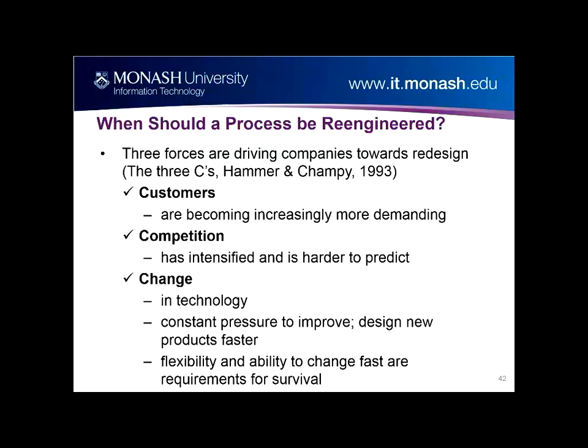Change of technology, change of design, change of flexibility, and you must be able to change fast because the market is changing so fast. And that's what big data is bringing, a lot of information for you to gauge the customer's preference, the customer behavior. Okay, and that helps you to improve your business process, all right?